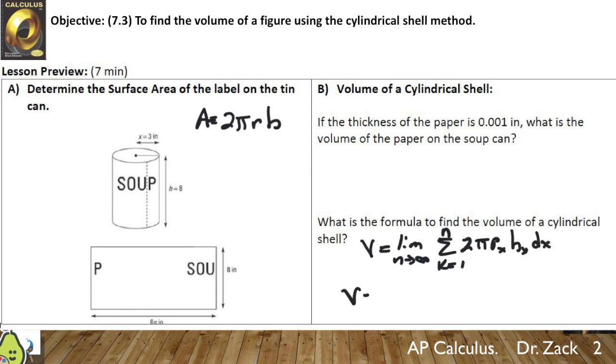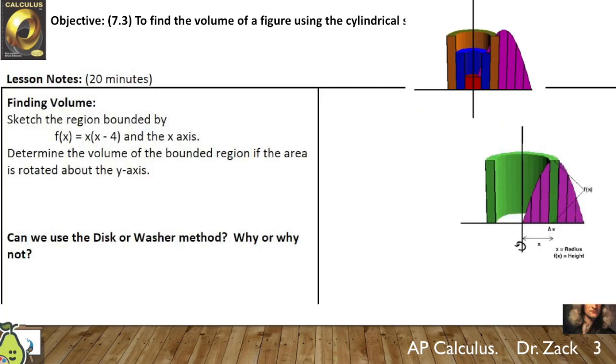Or volume equals 2 pi times the integral from a to b of r of x multiplied by h of x. And then, of course, the thickness of the paper is dx. So from the lesson preview, let's begin finding volume.